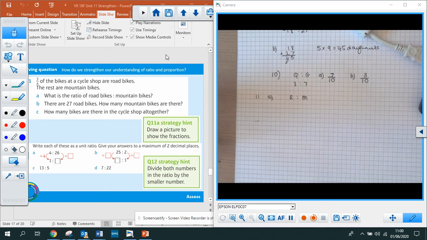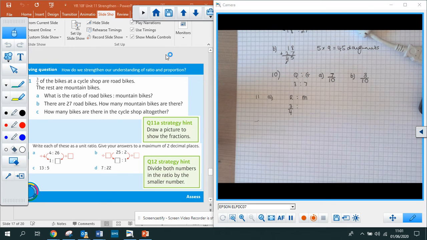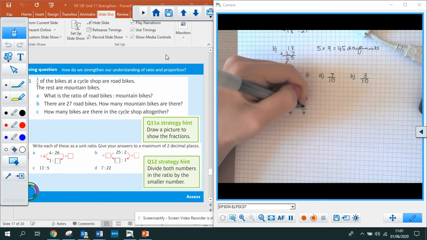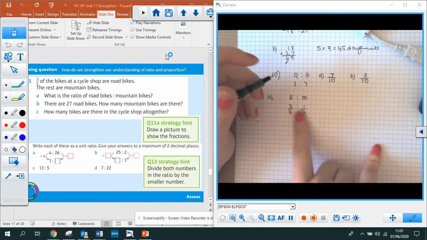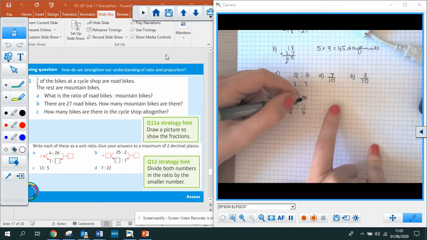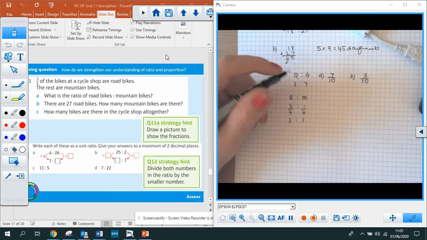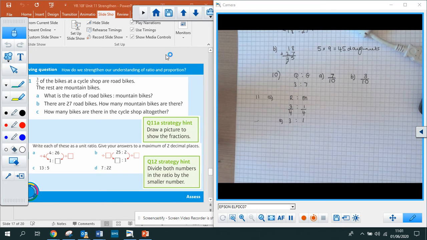We know 3 out of 4 of the bikes are road bikes, and therefore the rest are mountain bikes, so that would be 1 out of 4, because you have one more part to make the 4. Now we've got them over the same denominator, you can remove the denominators, essentially multiplying them by 4, and that gives you the ratio of 3 to 1, and that's your answer. The ratio is 3 to 1, road bikes to mountain bikes.